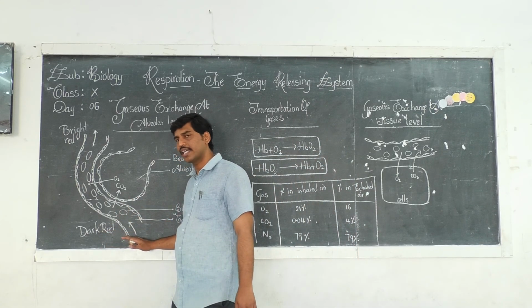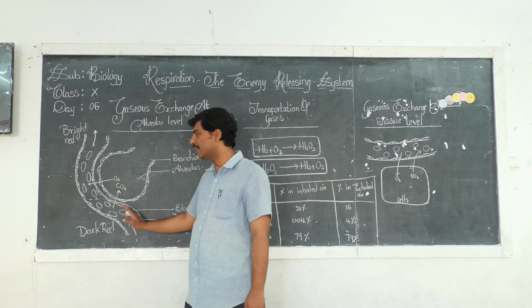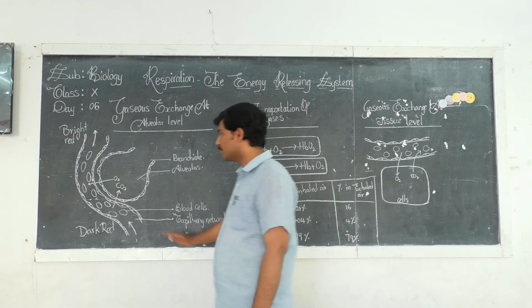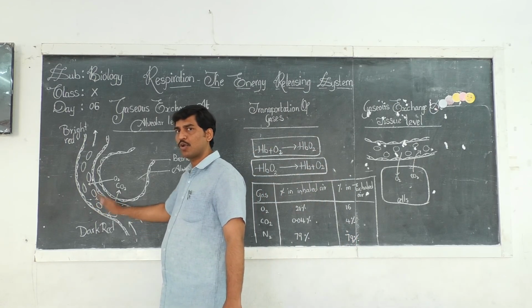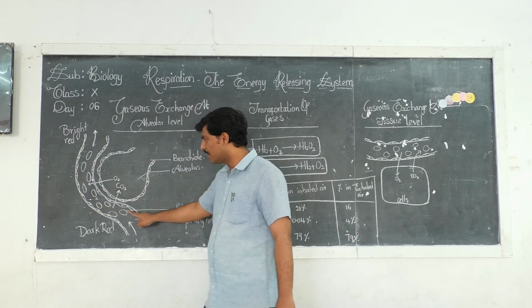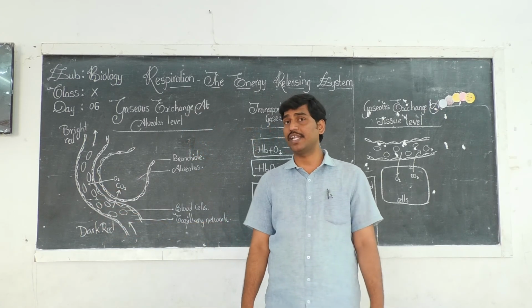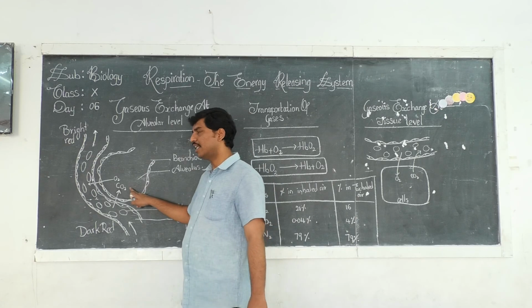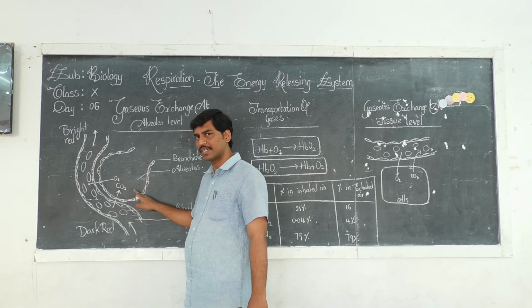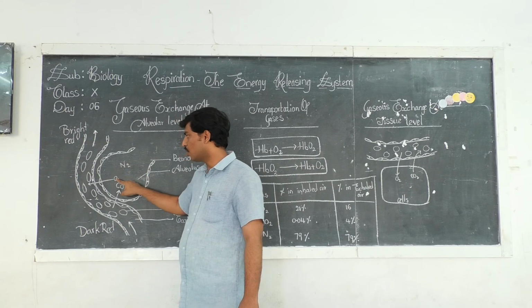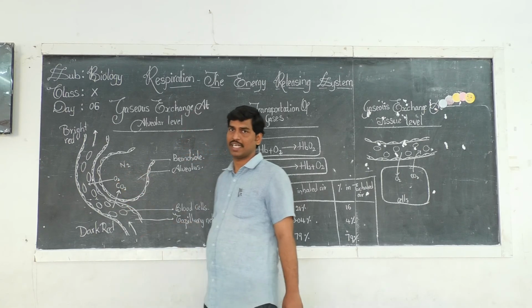Now dark red blood is being supplied into these blood capillaries from the heart. The blood which is brought here contains a large amount of carbon dioxide compared to the air present in the alveoli. This air contains nitrogen, oxygen and carbon dioxide.